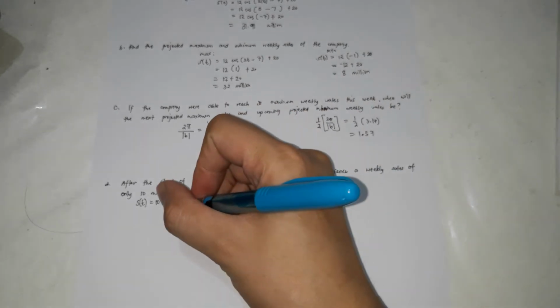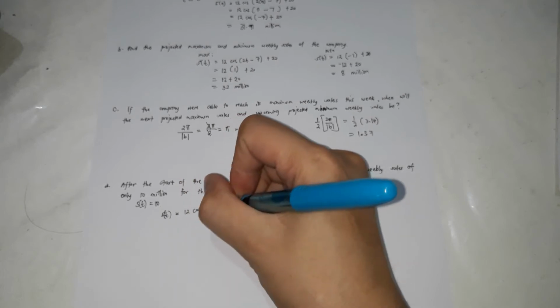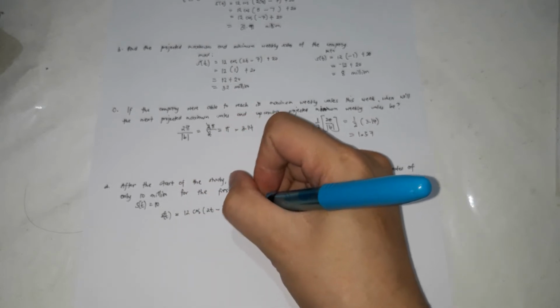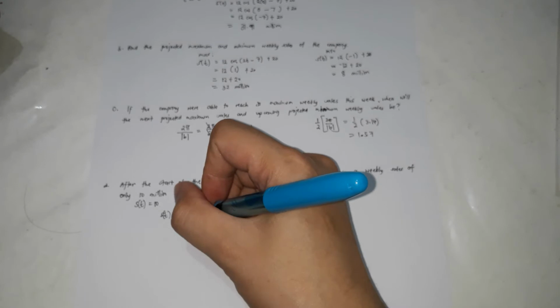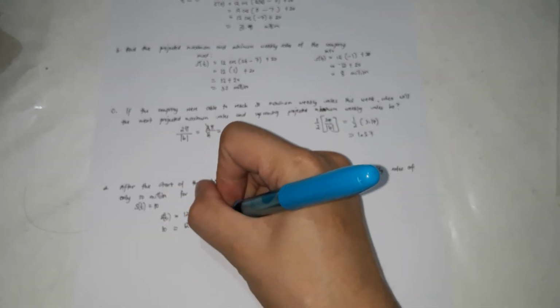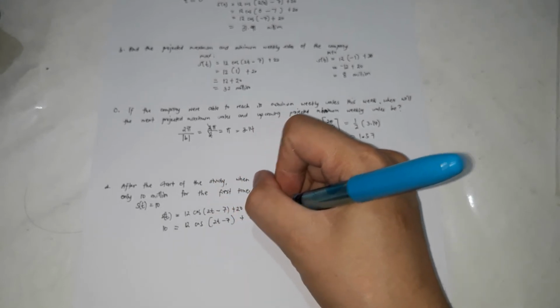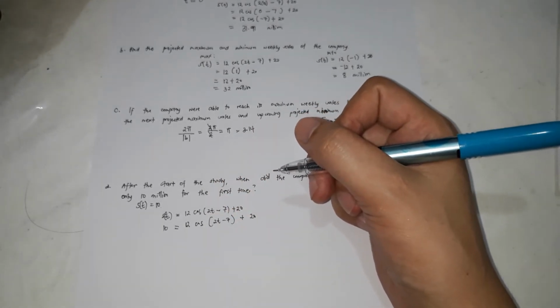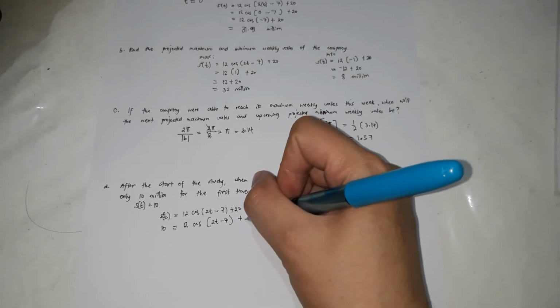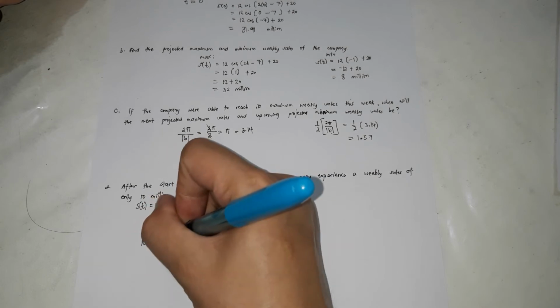So we're going to copy the formula first, S of t is equal to 12 cosine 2t minus 7 plus 20, and this will become 10 is equal to 12 cosine 2t minus 7 plus 20. We're going to transpose positive 20, so it will become 10 minus 20.